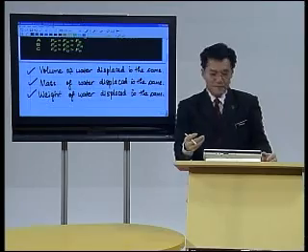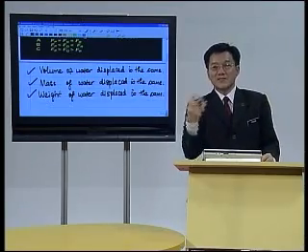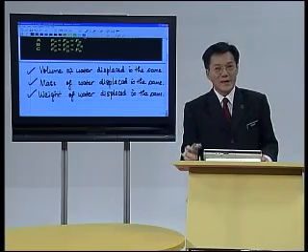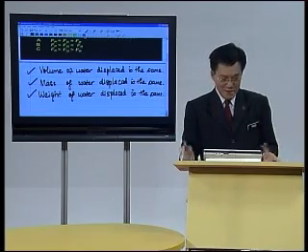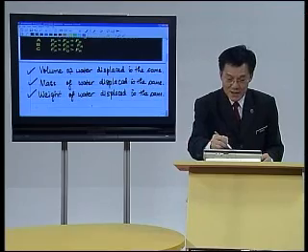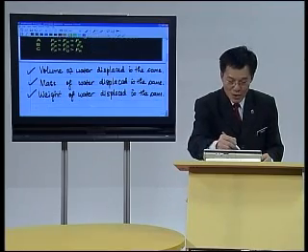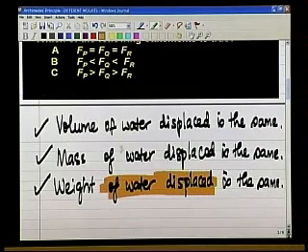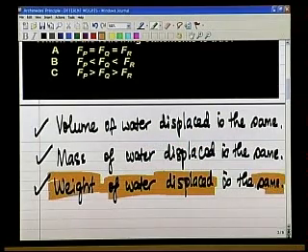So this means that even though the third pyramid has a bigger mass and a bigger weight, it doesn't matter, because we are talking about the weight of the water displaced. The key is the weight of the water displaced. Alright, so the weight of the water displaced is the same in each case.